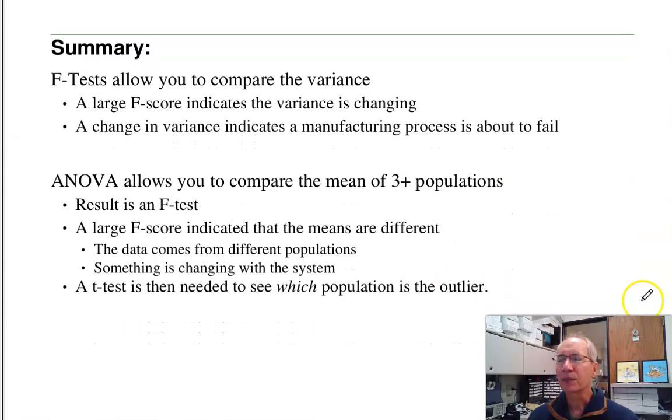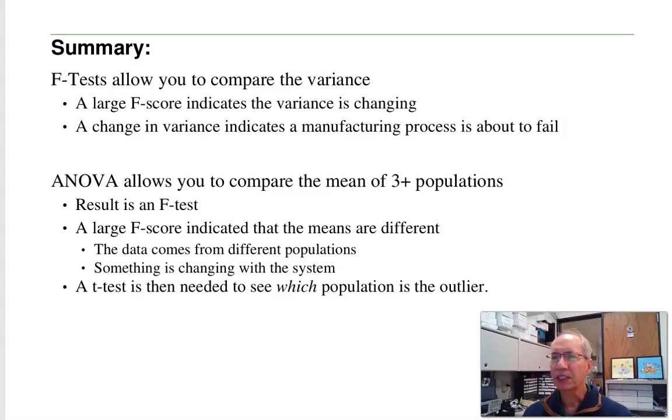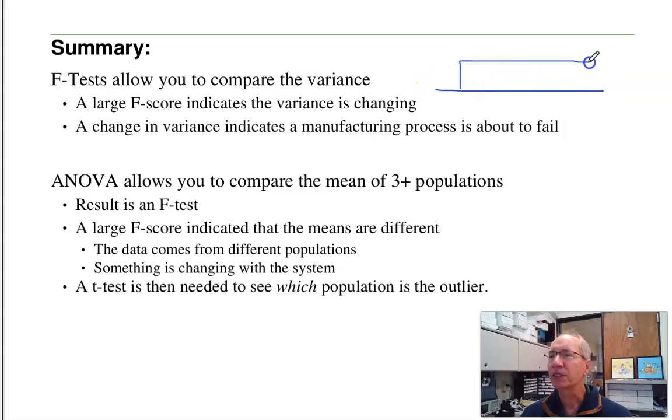So in summary, an F-test is a way to compare 2 variances. For example, if I have 2 batches of resistors, are they different? We could also do that with a 1K resistor. I measured a 1K resistor and the variance was like 3.2.